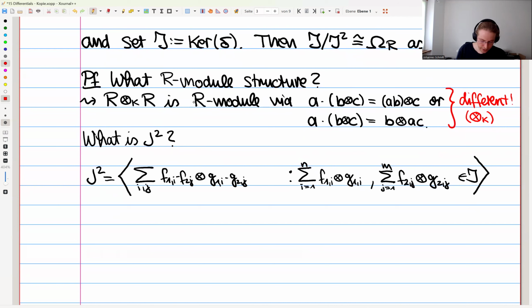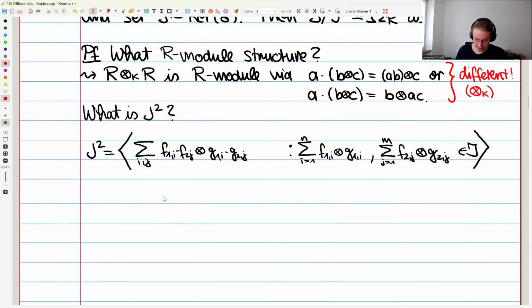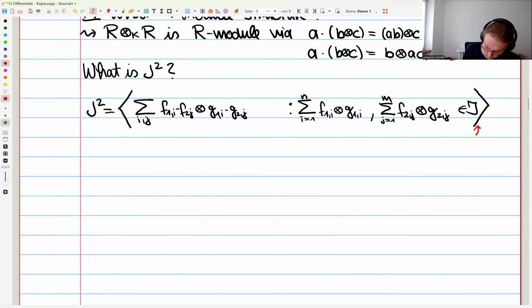And the first important observation is that you can even just write curly brackets here. So this is the set of all such products, and it automatically becomes a submodule of R tensor over K with itself. And this is a submodule with respect to either R-module structure above.